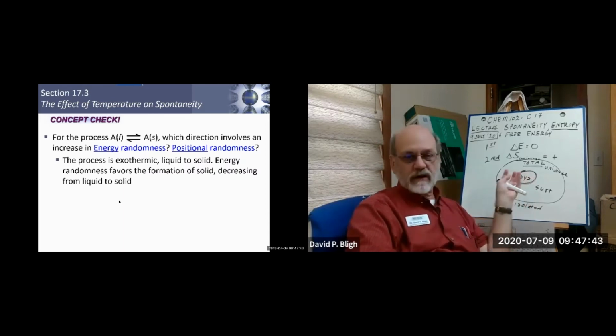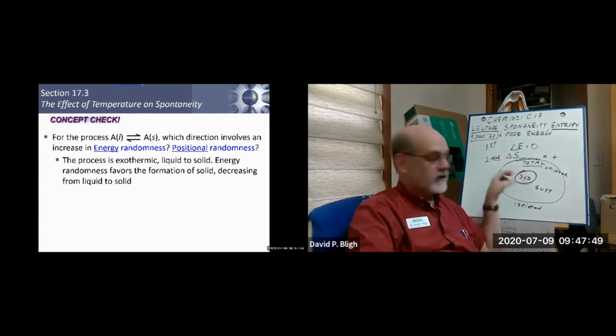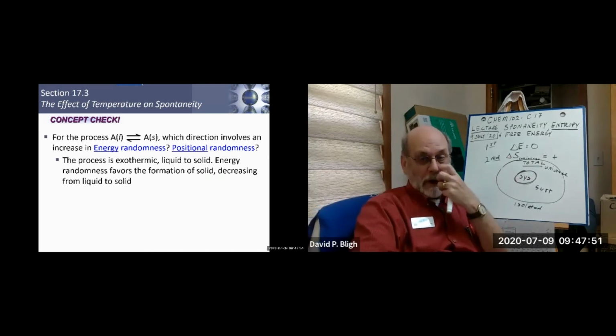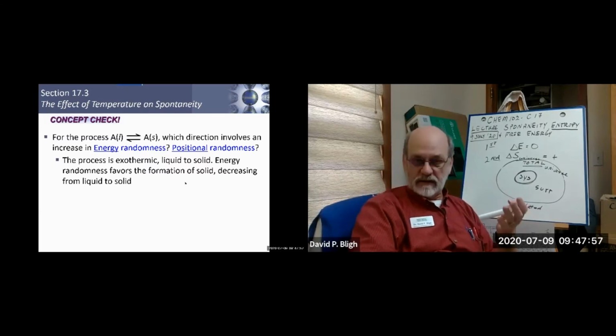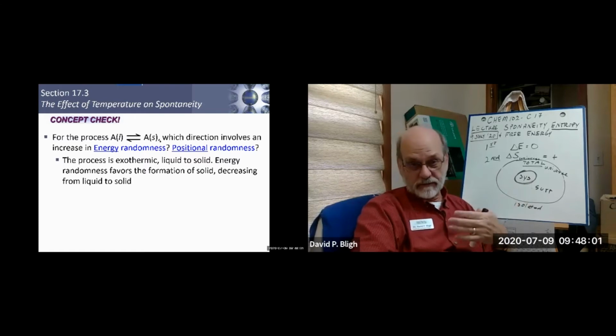We're losing energy, so the energy randomness is on the decrease. We have less energy in our system. So energy randomness favors the solid formation, the forward direction.